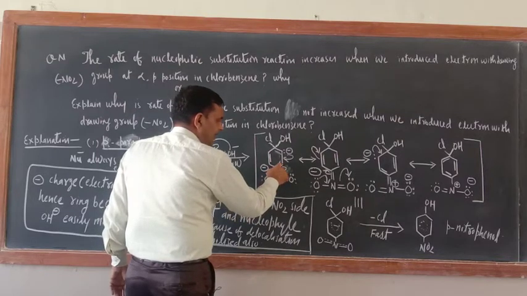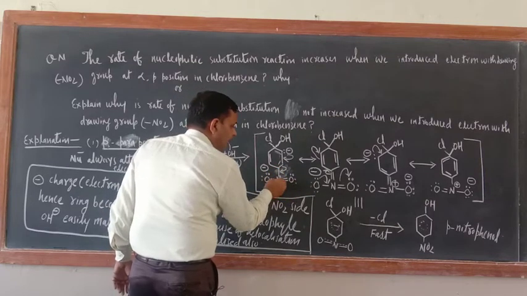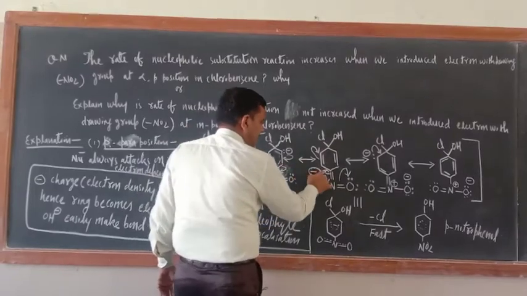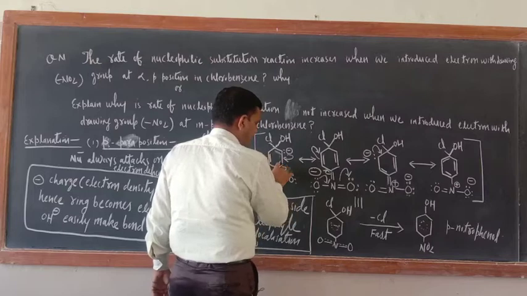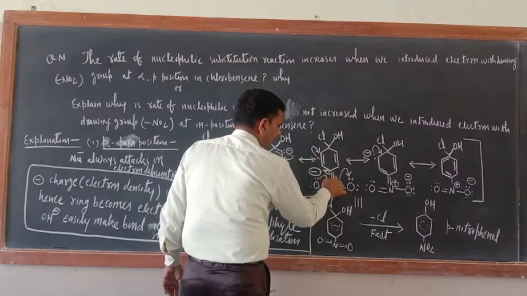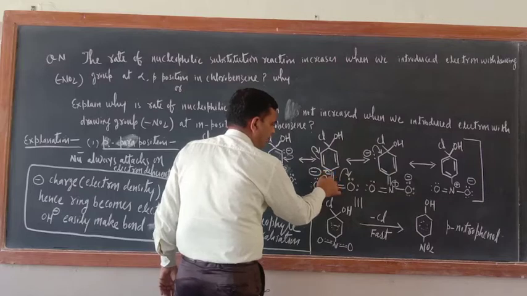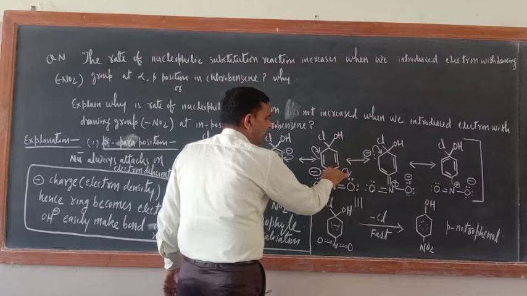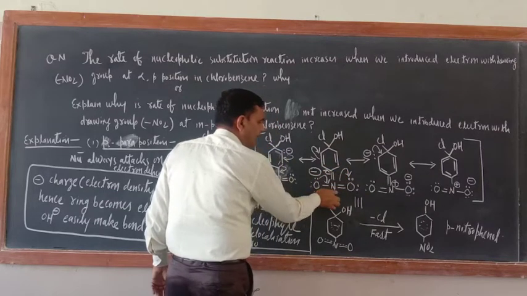Ring electrons are channelizing towards the NO2 side. Here a double bond is generated, means N is bonded with the ring through a double bond. The ring's 6 pi electrons are delocalized, channelized towards the NO2 side.